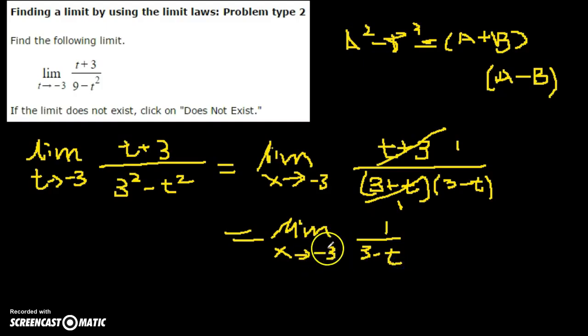Now if I substitute -3 in there, I won't have a problem. But if I had substituted -3 in the beginning, that would give me a denominator of 0, which is undefined. Now that I have factored and cancelled, I can substitute, and my limit is 1 over 6.